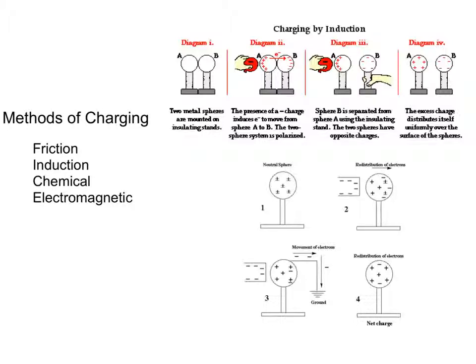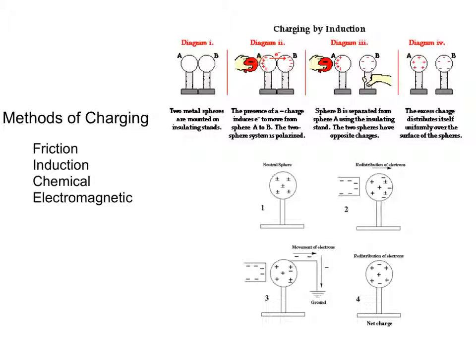One way that tends to confuse people is called induction. Now, induction basically means you charge something by bringing another charged object close to it. So here's 2 examples of that. I have 2 metal spheres, A and B, and I bring a negatively charged object near them. Now, opposites attract, and like signs repel, right?